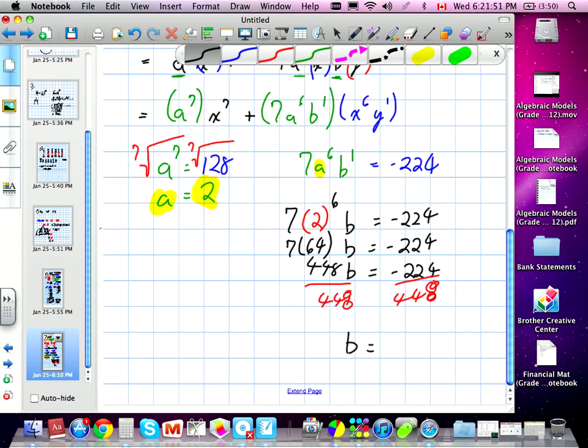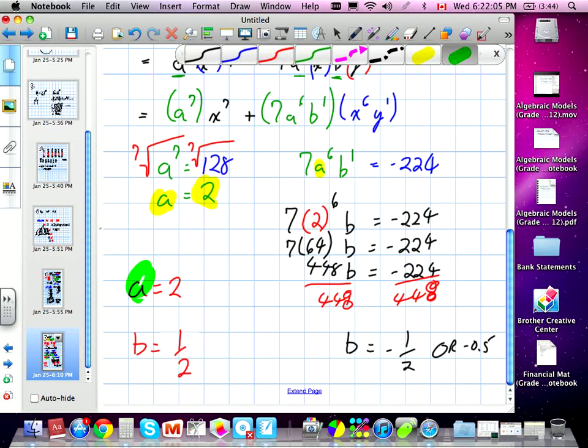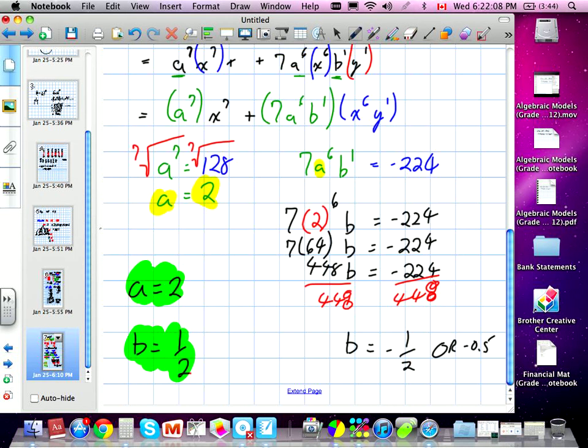So in the end, our answers are a is equal to 2, and b is equal to negative 1/2. Okay, let's turn it black. That's fine. That's good. Does that make sense? Yeah.